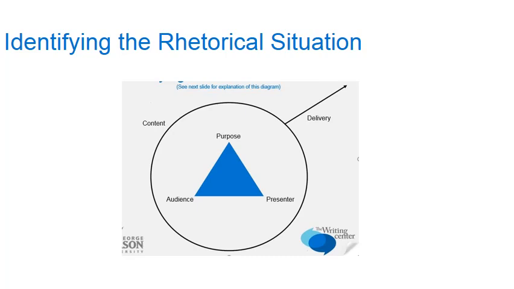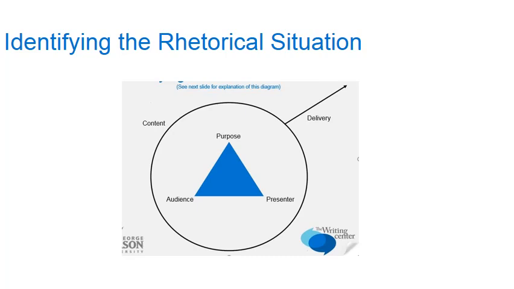So at number 2, you should identify the rhetorical situation. By rhetorical situation, I mean the circumstances of an event that consists of an issue, an audience, and a purpose, and how you will deliver the content.